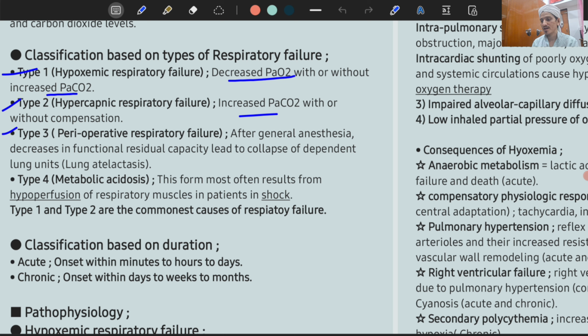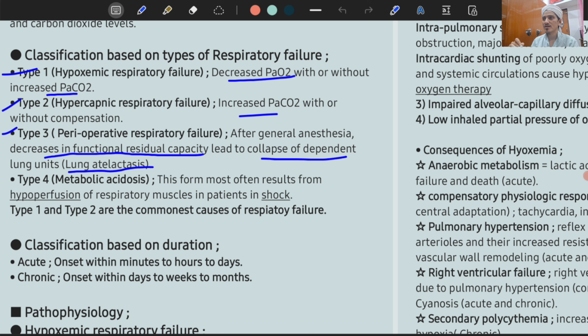Type 3 respiratory failure, also known as perioperative respiratory failure, is seen after general anesthesia. What happens is there is a decrease in the functional residual capacity, which leads to collapse of dependent lung alveoli, leading to lung atelectasis. What is residual capacity? The volume which remains in the lungs after maximum forced expiration.